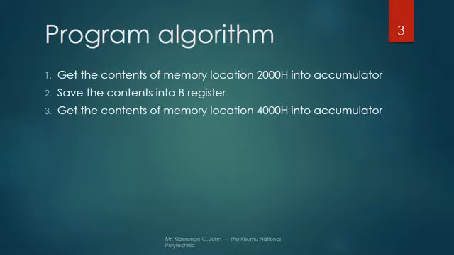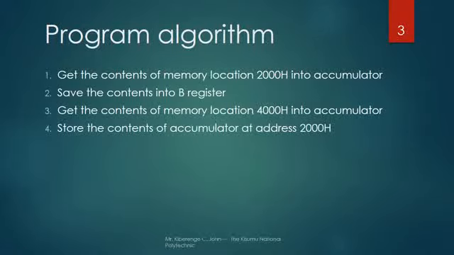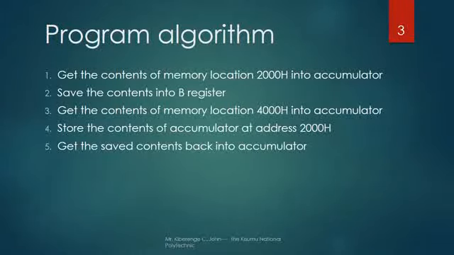So after saving the contents into, say, register B, we get the contents of memory location 4000 into the accumulator. Then we store the contents of the accumulator into address 2000, followed by our fifth step, where we get the contents of register B into the accumulator.